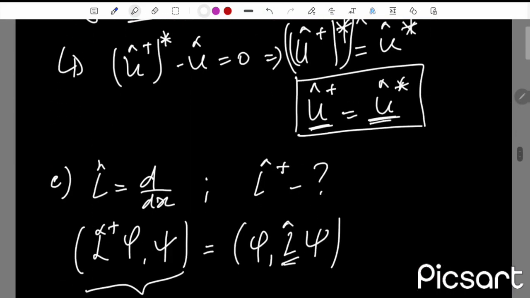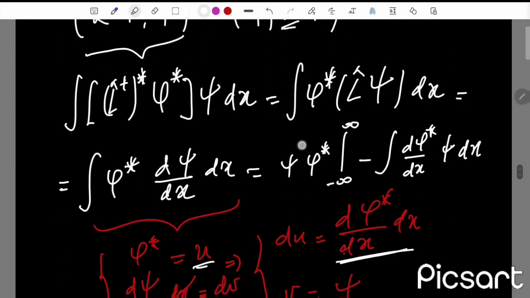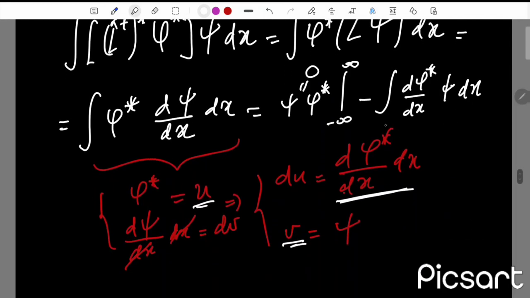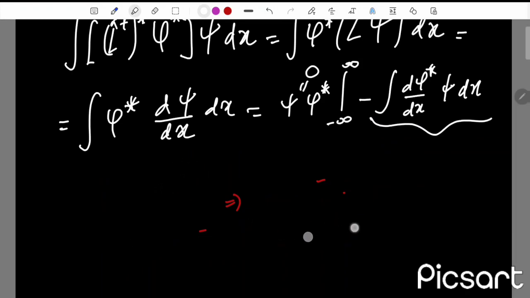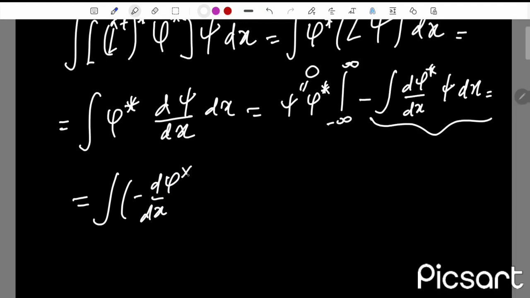Okay, and if psi and phi are equal to 0 at infinity, then we have this term equal to 0, so that we have only this part, and for now we have minus, or I can put in the integral, we have minus d over d of x here. Okay, I will leave it like this, and here I have psi.